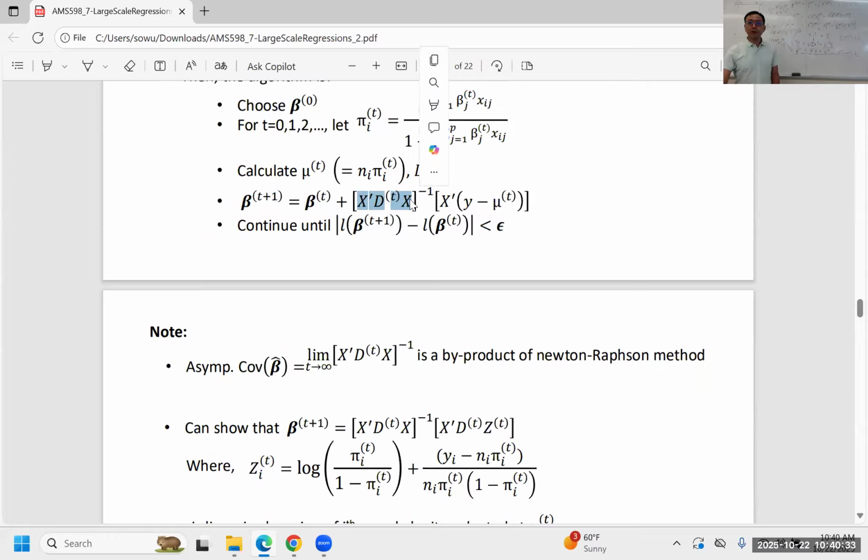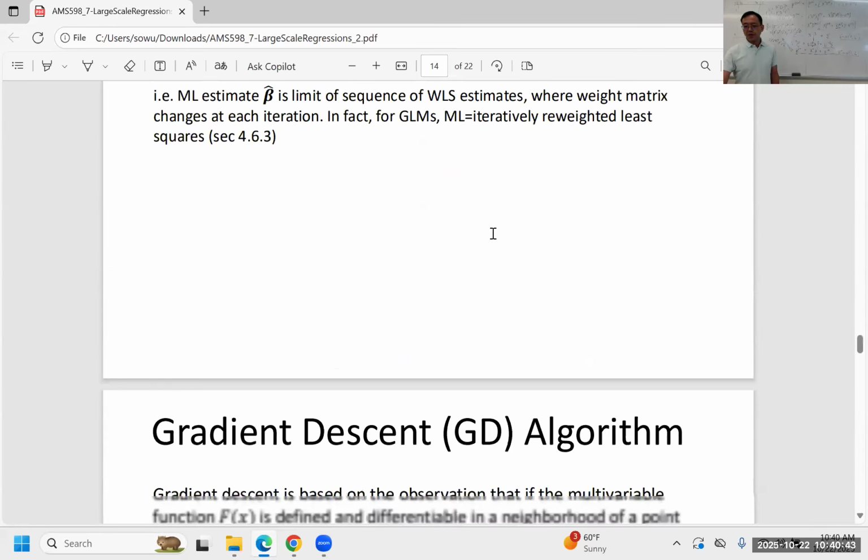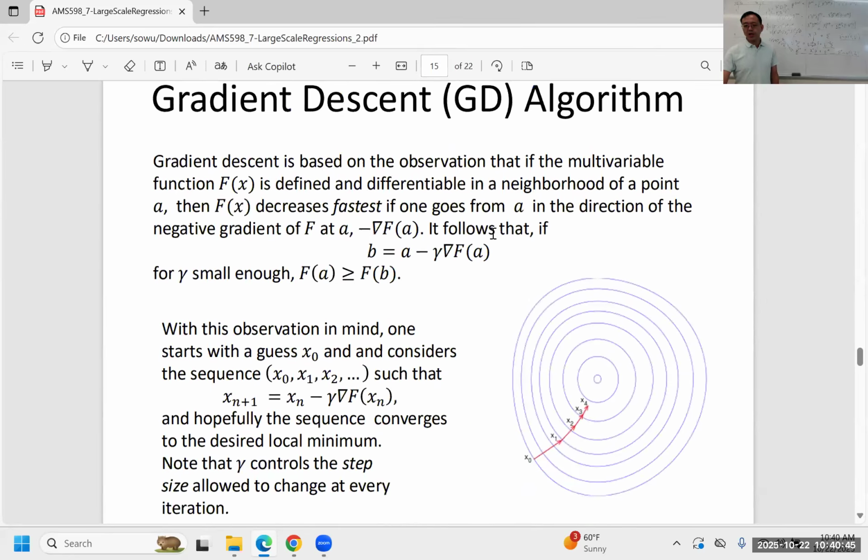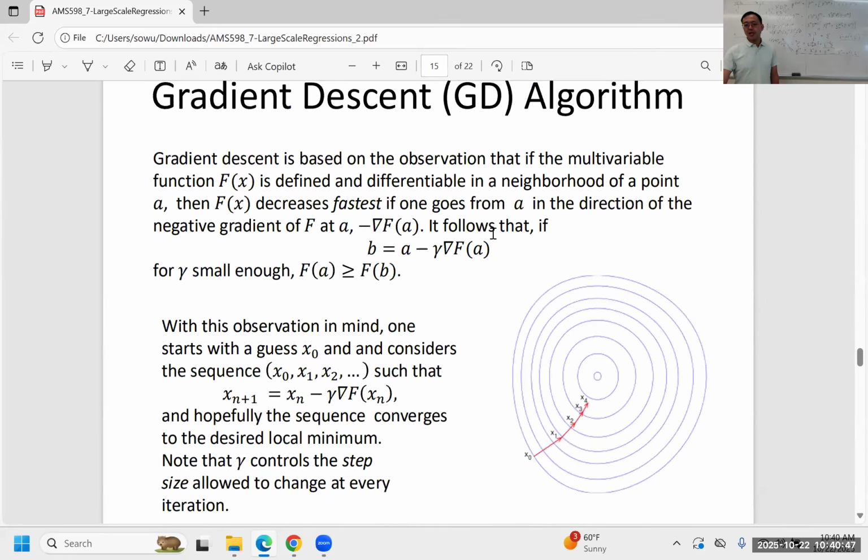So if you can somehow avoid the Hessian matrix in the computation, that would be preferable. Indeed, we can use an idea called gradient descent. We can solve this as well, although it also comes with a price.